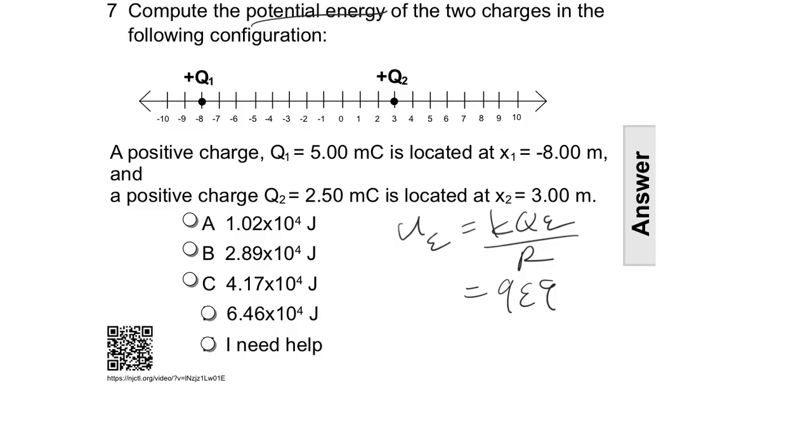That's Coulomb's constant. Q1 is 5 milli, and milli stands for e to the negative 3, times the other one is 2.5. They're both positives, so that's important.